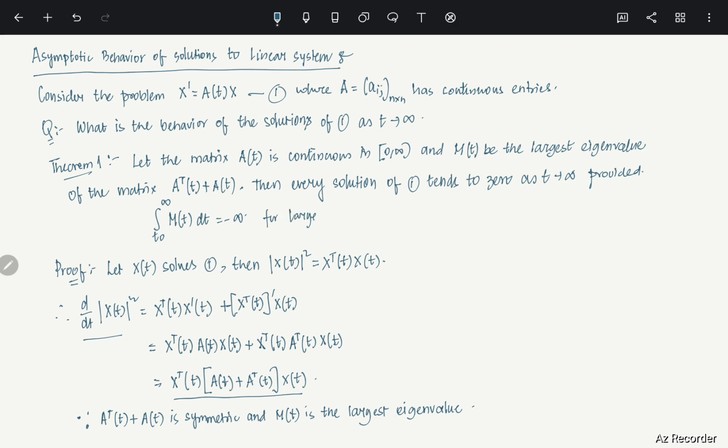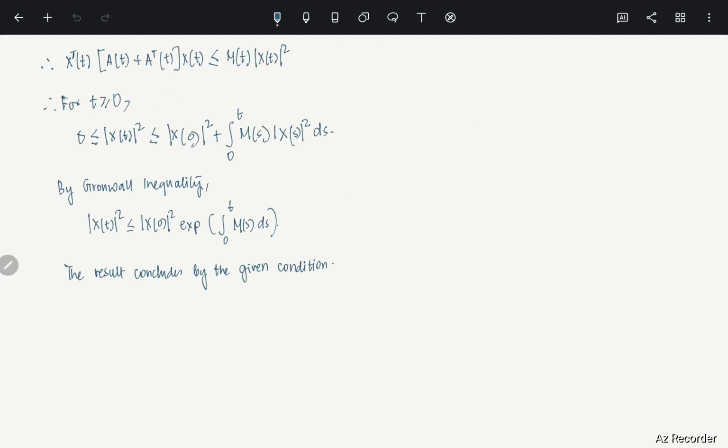It doesn't matter. You don't have to put any condition on this lower bound. So basically, what it is saying is after some time the integral, because m is continuous, has to be minus infinity. That's all. I hope this is clear. Very, very simple. It's not a very difficult theorem to prove actually.